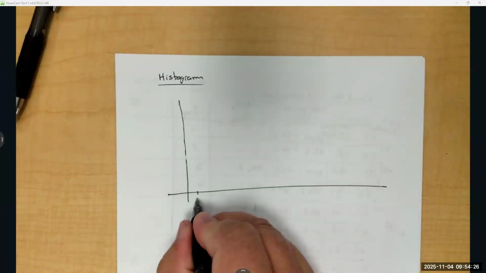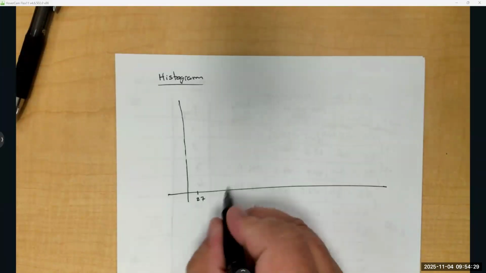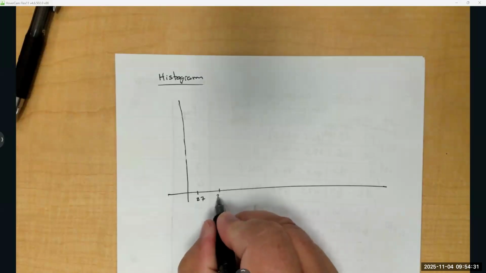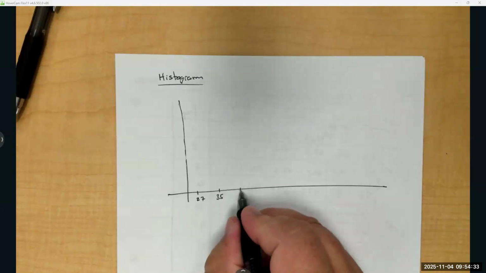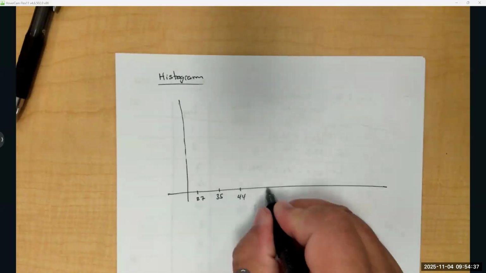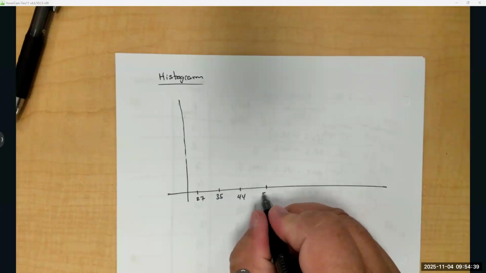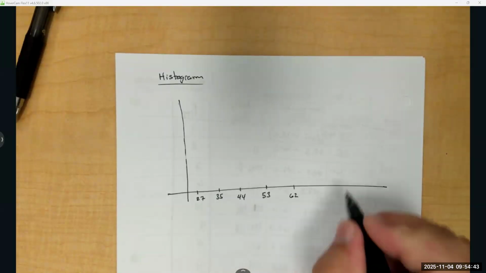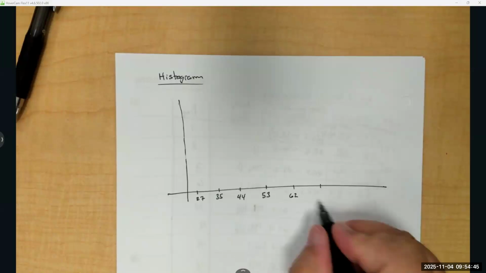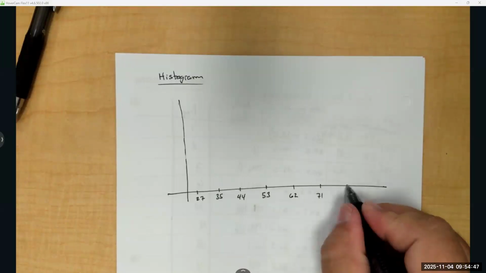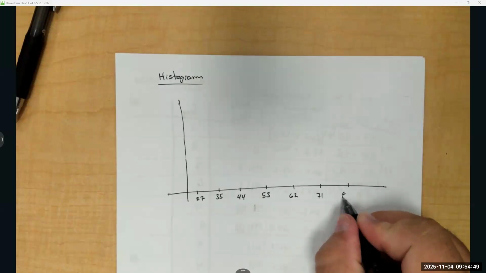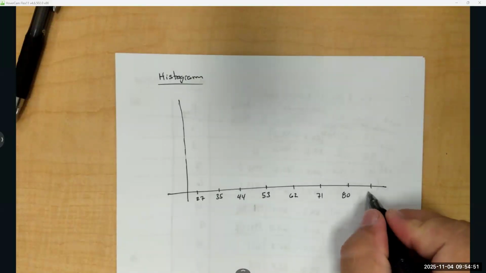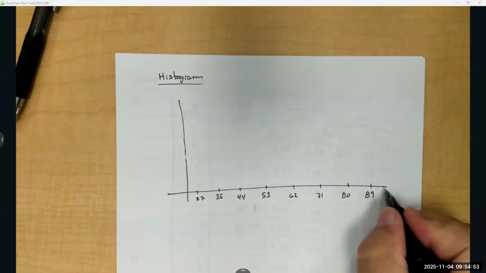So the first interval is from 27 to 35. Then from 35 to 44. Then from 44 to 53. From 53 to 62. 62 to 71. 71 to 80. 80 to 89.